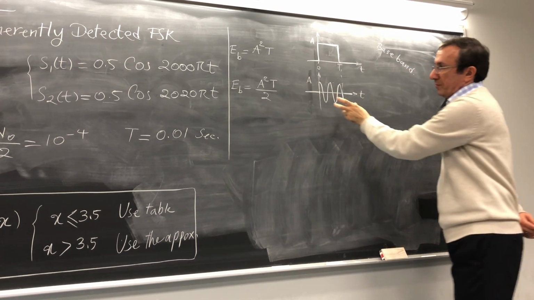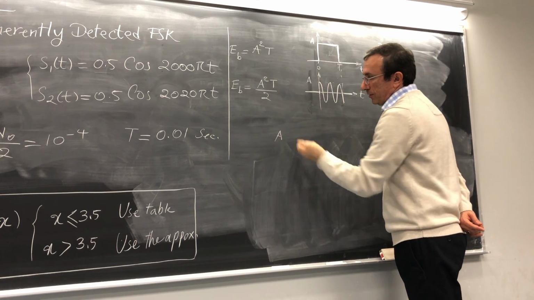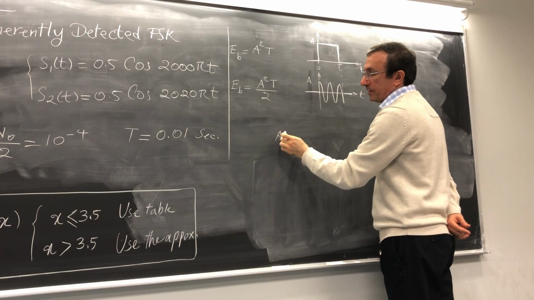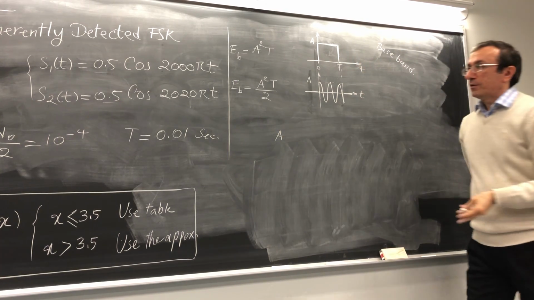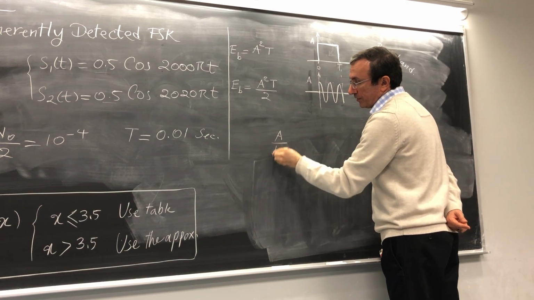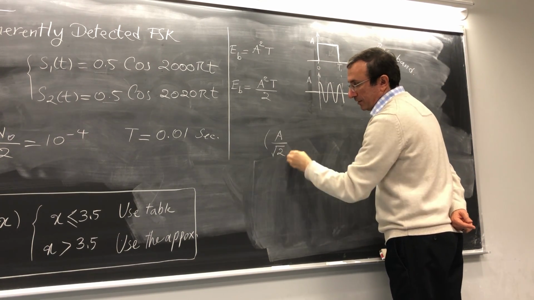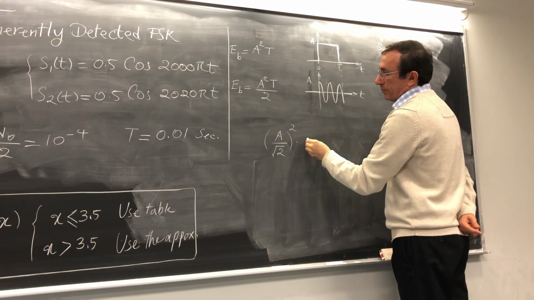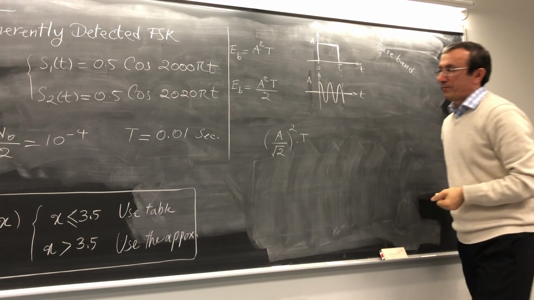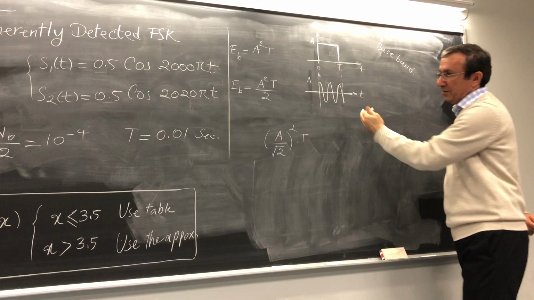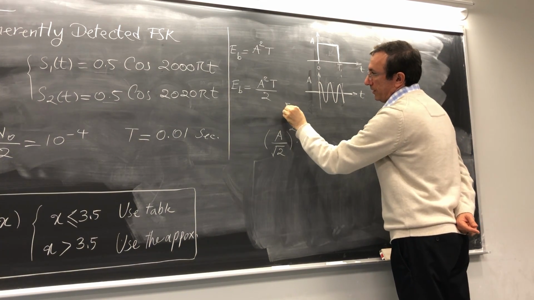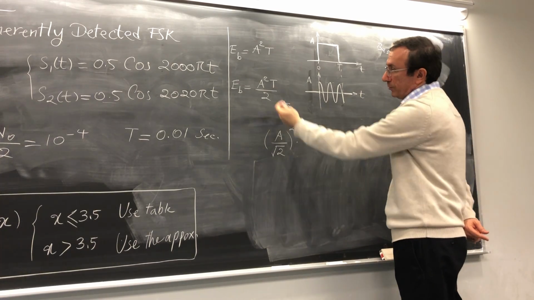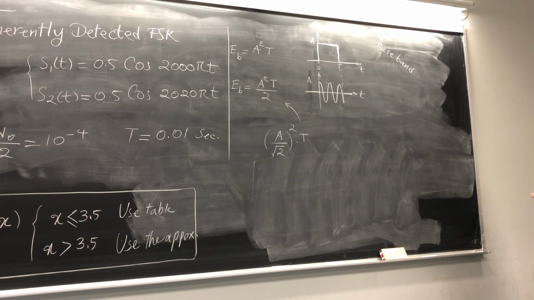The power of a cosine wave with amplitude A would be calculated by squaring the RMS value. This capital A is the peak value. RMS value is A over square root of 2. Then you square it. This is the power. Then multiply it by the duration of the signal, right? So this gives us A squared capital T over 2.